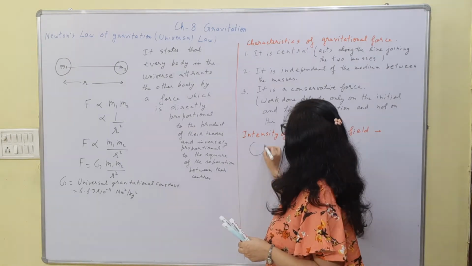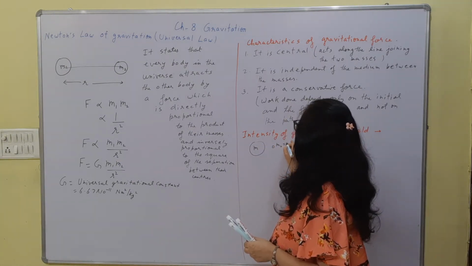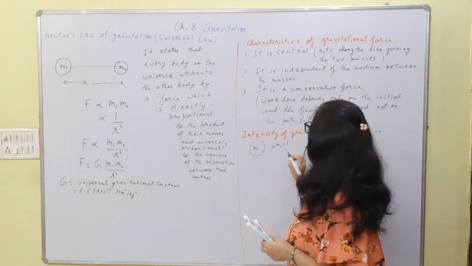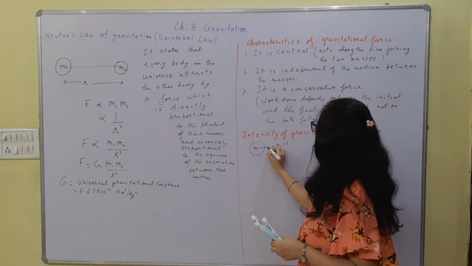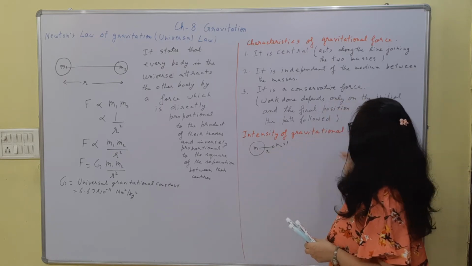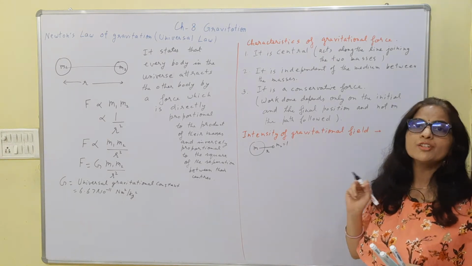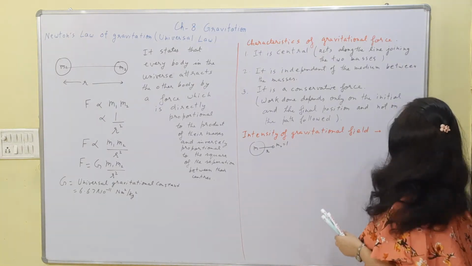So we can say, suppose one body is having mass m and second body is having mass 1, right? So we can say this is the separation between the two. So intensity of gravitational field is the force acting per unit mass placed there.